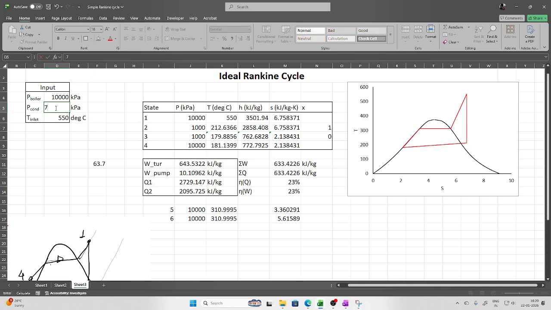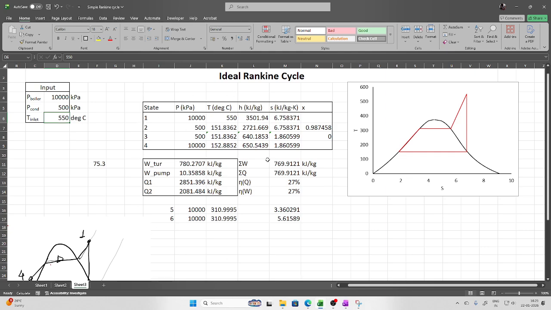So let us keep to 700 or maybe lower, let's say 800 only. Oh, below 500, let's say. Oops. Now, once you change the parameters, what will happen? These values will change.